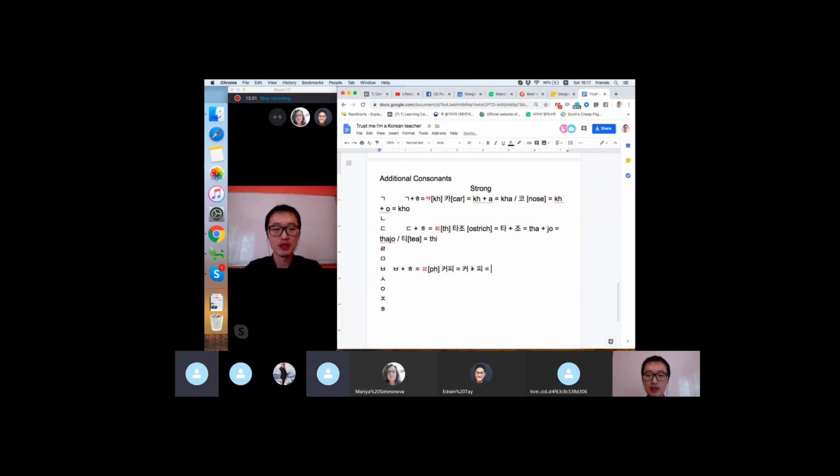The second one has the consonant p and the vowel eo, so it must be peo. So we say kapi, and that is actually coffee in English.